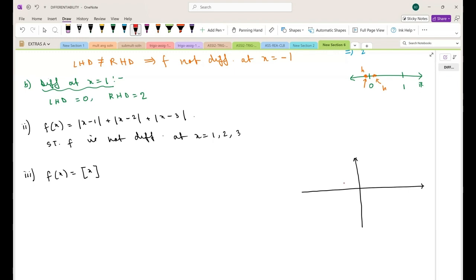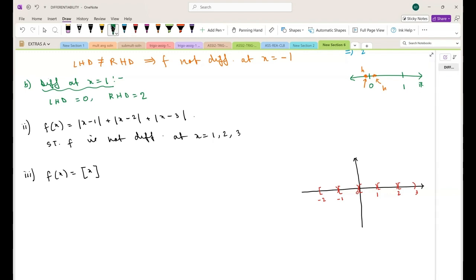You know, for the box function, the domain is entire R. So we divide the interval like this. 0 to 1, and then 1 to 2, and then 2 to 3, so on. Here it is minus 1 to 0, and then minus 2 to minus 1, so on. And the graphs are like this.